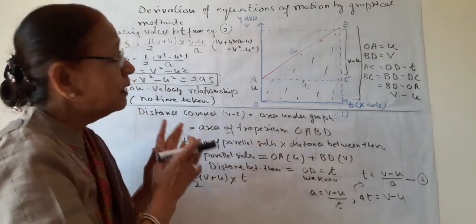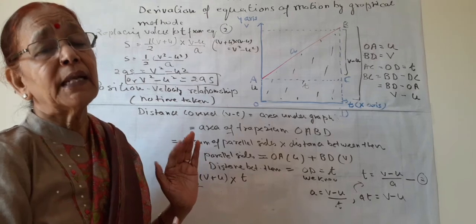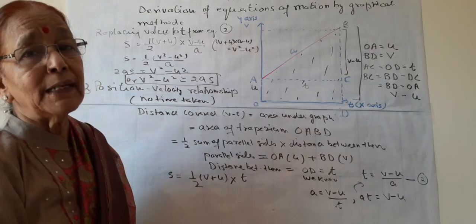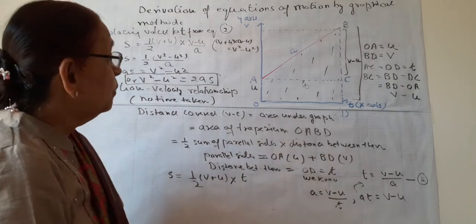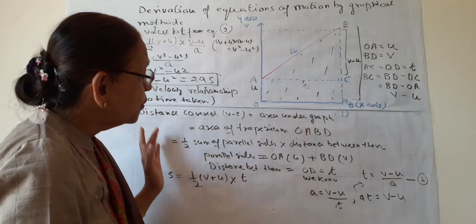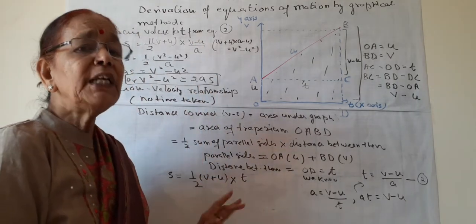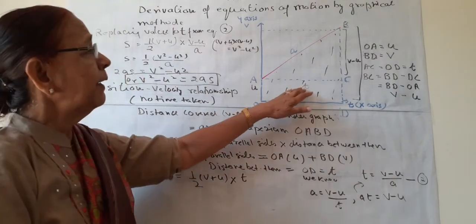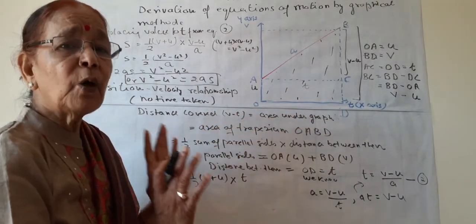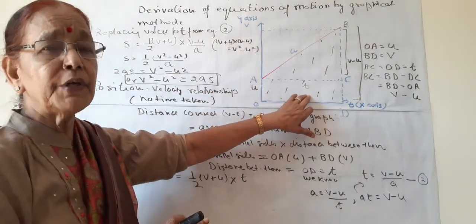These equations are valid only when the acceleration is uniform, that is, for uniformly accelerated motion. So all of you should learn these three equations and write in your books the derivation of these three equations depending upon the graph. The mathematical derivation is not in your syllabus, only the graphical derivation.